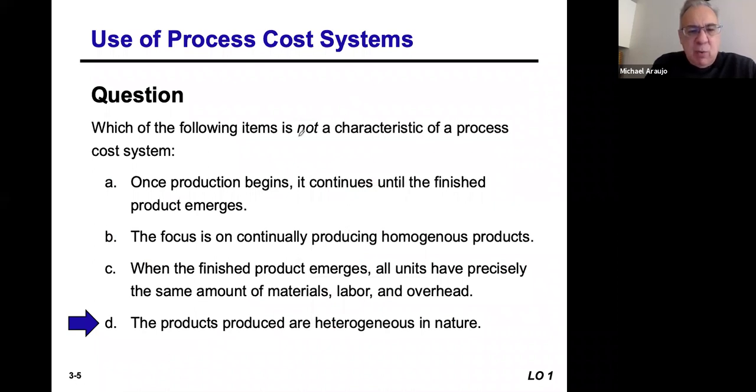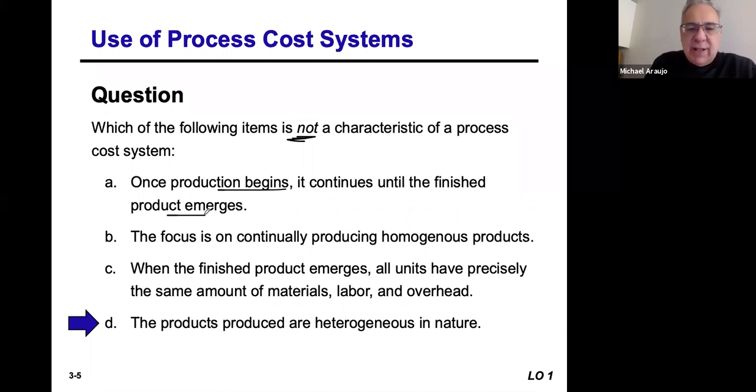And what's important to understand in a process cost system is that they all have characteristics, which basically is that once production begins, it continues until the finished product is out. So once they start pouring in the water, sugar, flavoring, they're going to do the blending, the bottling, the labeling, and then you're going to have a Coke or a Pepsi product at the end of it.